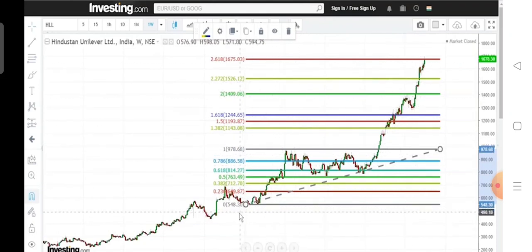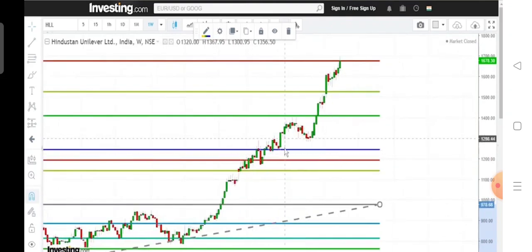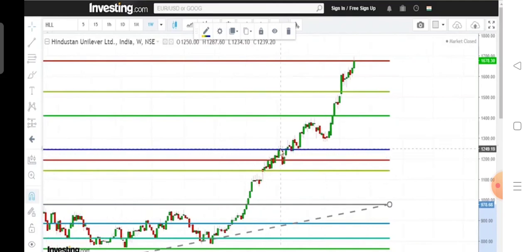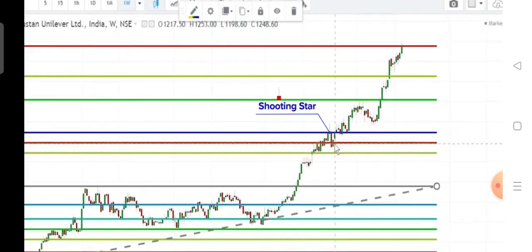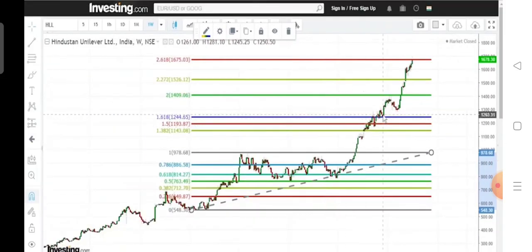So basically what we could see is that when the market crossed the 100%, these points were actually important resistance lines, because 1.618 is a very important resistance line. Initially the market started falling from this point, and there was potentially, as you can see, a shooting star. The market started falling, but when the market crossed the 1.618 line and started taking support around this line, I could understand the market could go higher.